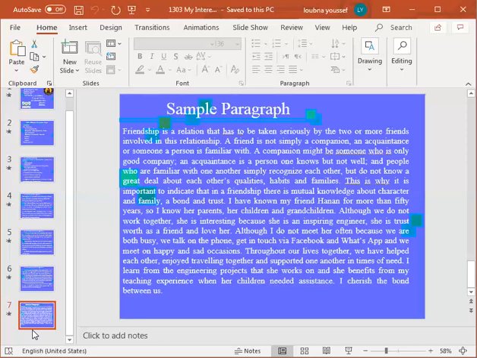So the writer has introduced a choice of a friend and has provided evidence that this friendship goes back a long way, and that the writer knows about the friend's family, past and present. Although we do not work together, she is interesting because she is an inspiring engineer.